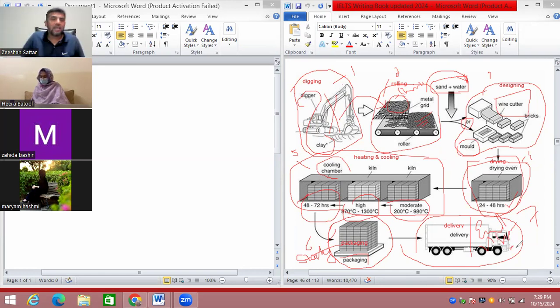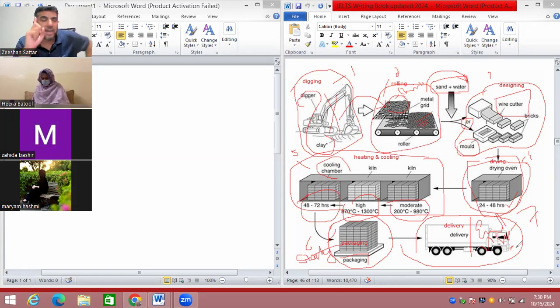So what did we do in the process diagram? First we identified the stages, then we named the stages, then we identified the specific words that we need to include in the answer. And now we are going to write the answer. We will answer in four paragraphs. Number one, the first paragraph will be the introduction, second the overview, third will be explanation one, and fourth will be explanation two.